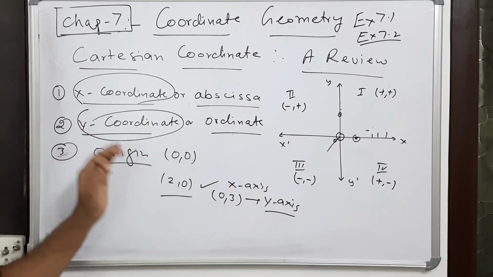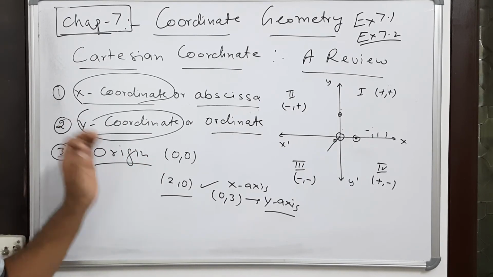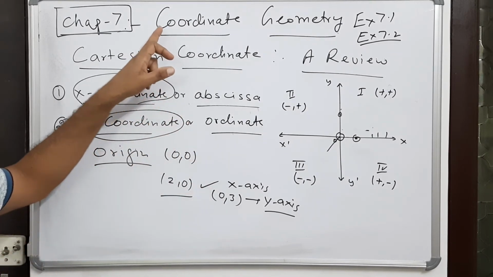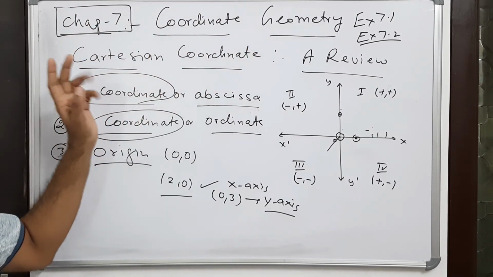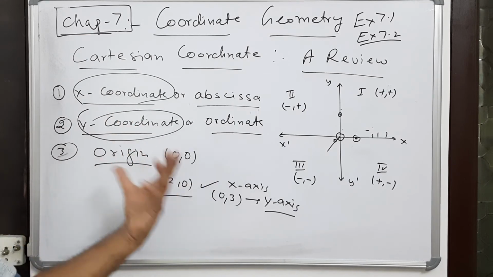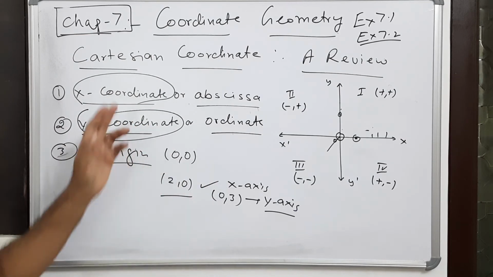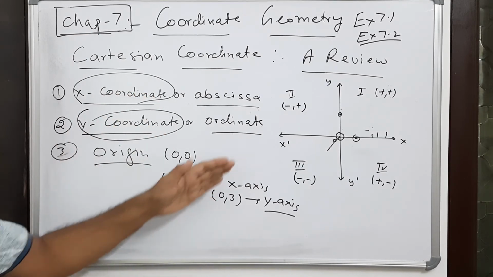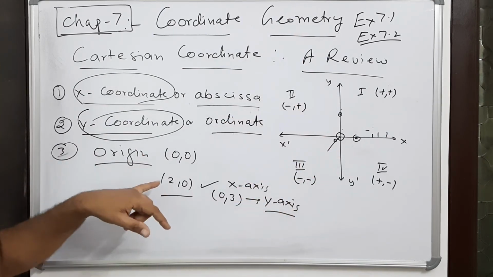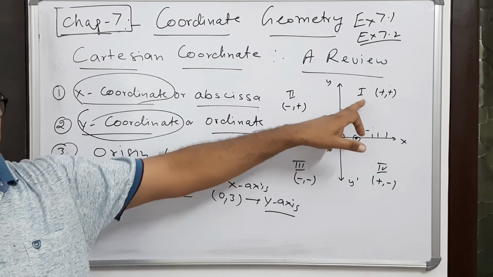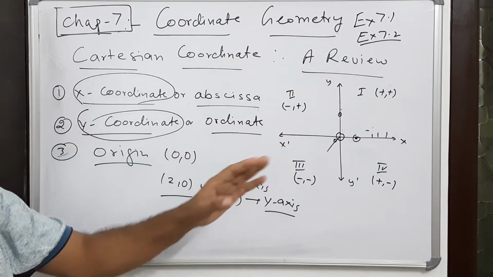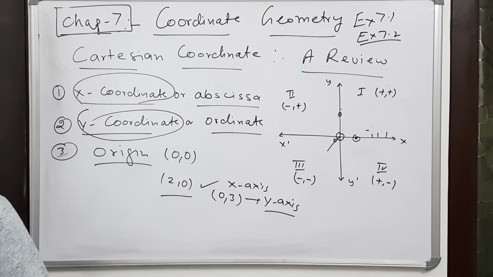After watching this video, please read chapter number 3, Coordinate Geometry, from the 9th class book. Read the lines of the chapter: x coordinate, y coordinate, origin, x-axis, y-axis, point on the x-axis, point on the y-axis, point in the first quadrant, second quadrant, third quadrant, fourth quadrant. All these things must be clear.